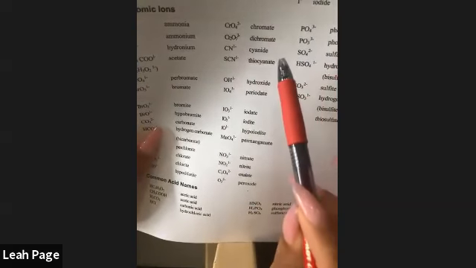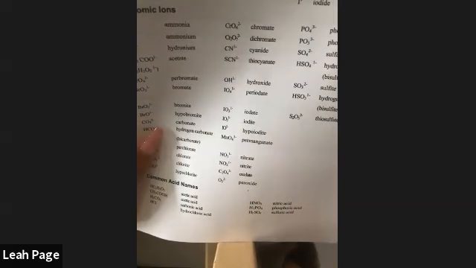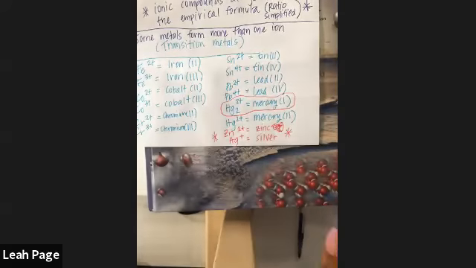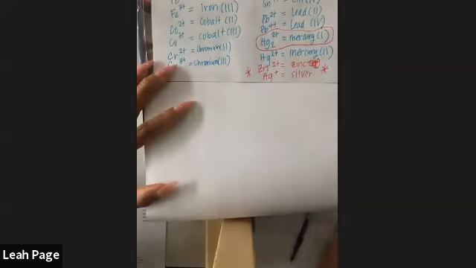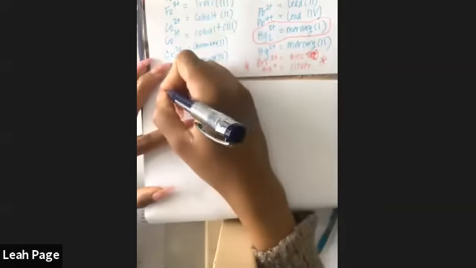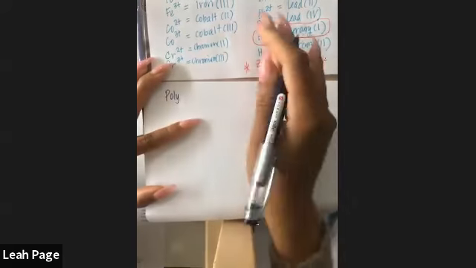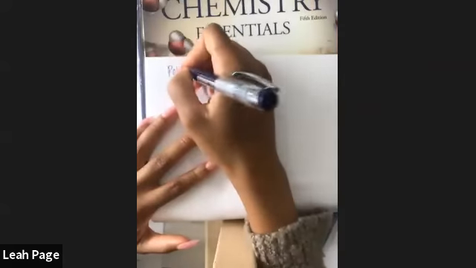But it's more than one element or more than one atom grouped together. So we call them polyatomic ions. So let me write that down. Polyatomic ions.